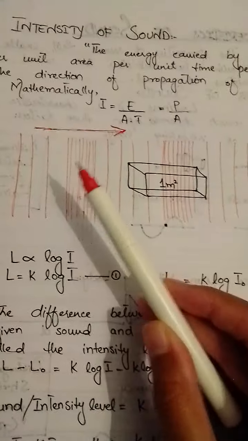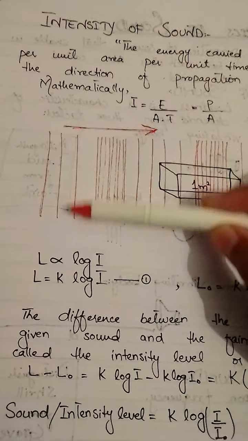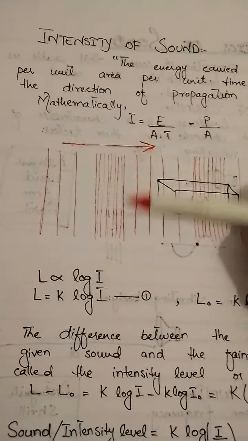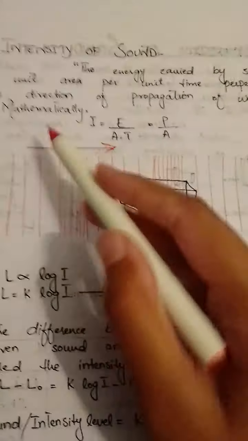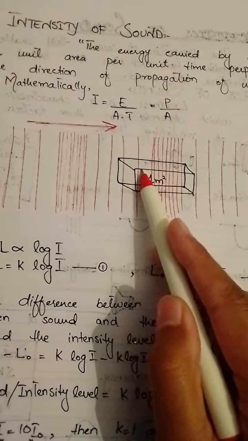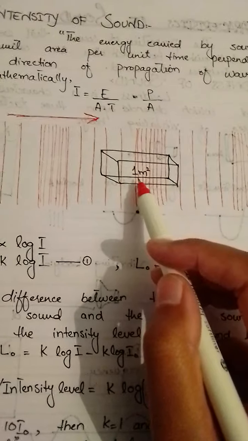Okay, so here with this red pen I've drawn the energy waves. These are all energy waves. In the center I have placed this box. This contains a 1 meter square unit area.